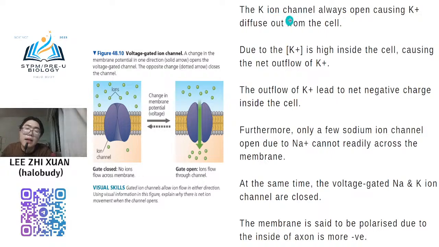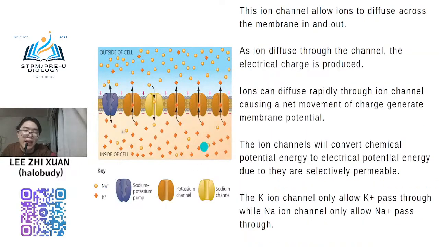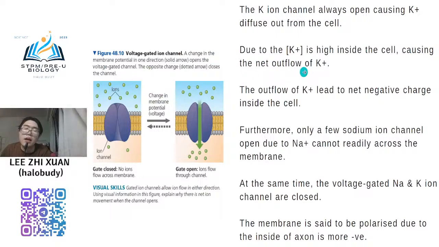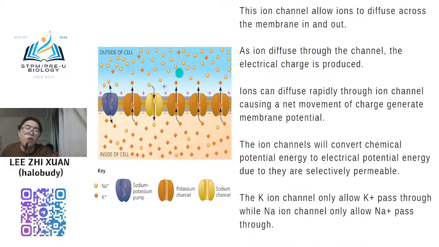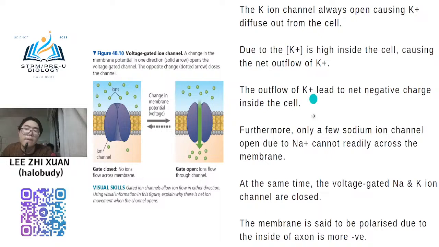And then potassium ion channels are always open, causing potassium ion to diffuse out from the cell. As I already mentioned, the potassium ion inside the cell is very high, so the potassium ion will move outside the cell. And only a few sodium ions move in.